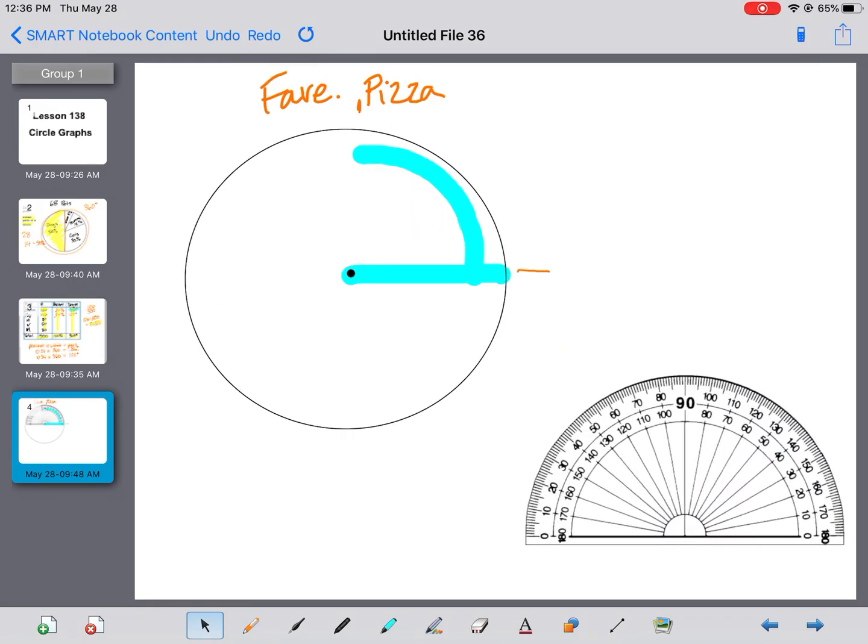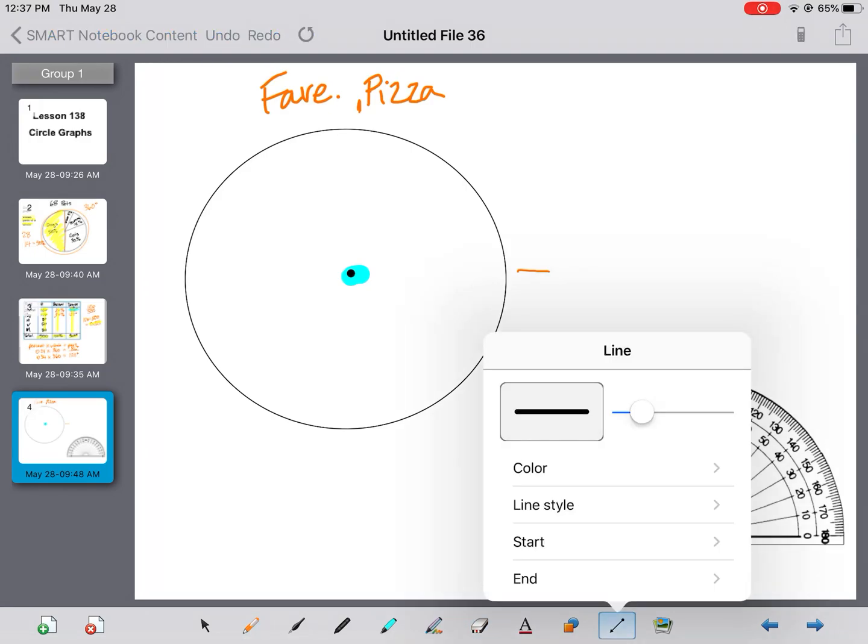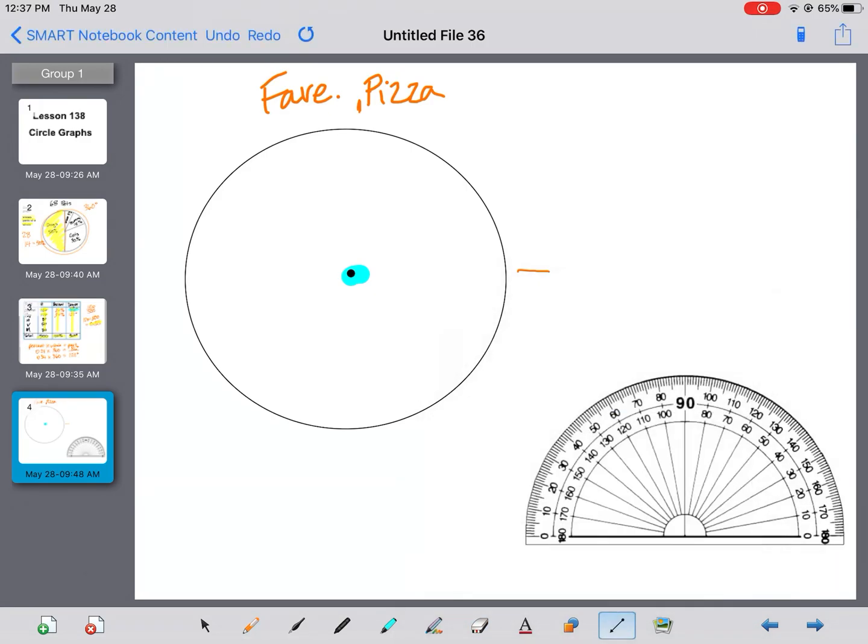And then what you'll do is remove your protractor. Well, let's see if I can erase those highlights. Uh-oh, I just erased my middle point. Undo. The middle point's just going to be blue now, I guess. And what you will do is draw a line from your center point out to the edge and out to the other line that you marked right there.